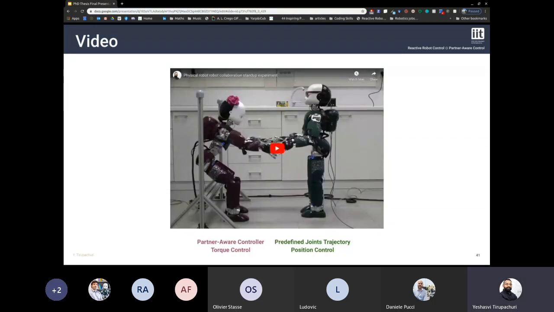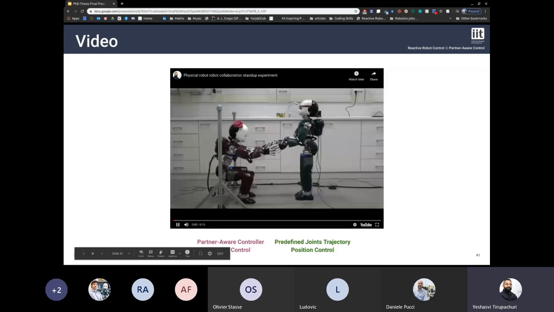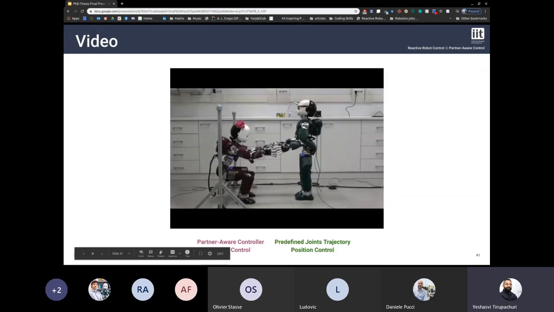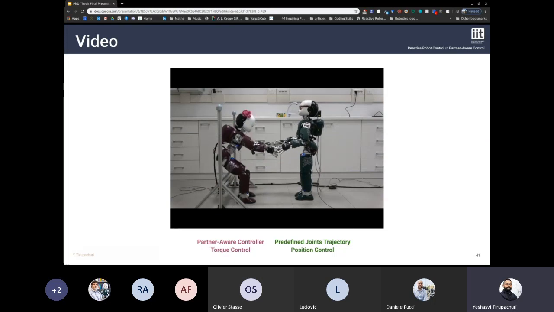This is the experiment of the stand-up controller, where the green robot is helping the purple robot to stand up. The purple robot is in torque control mode, whereas the green robot is performing the predefined joint trajectories in position control mode.